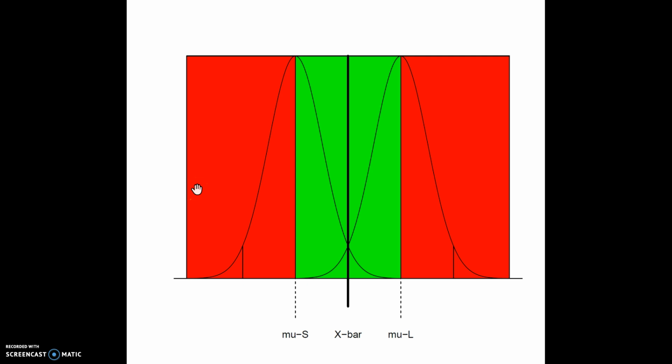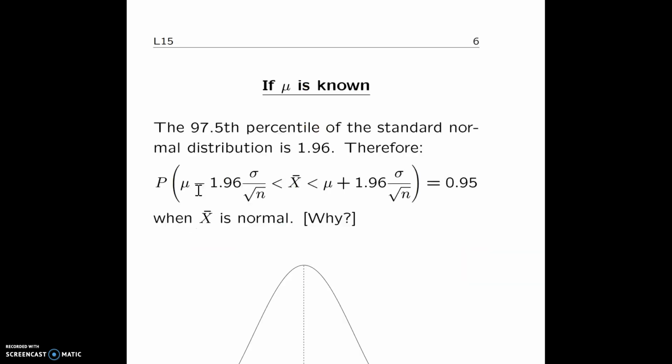Now, hopefully this has helped you see that when we have a confidence interval, we don't have a single normal curve. So we're not simply replacing mu by x bar in that original probability statement here. Remember, the sample mean is the random variable, not the population mean.